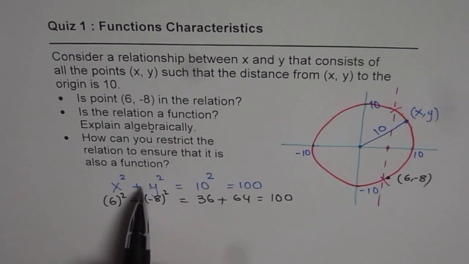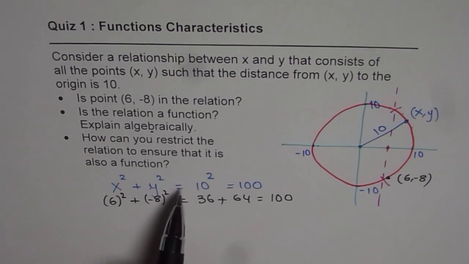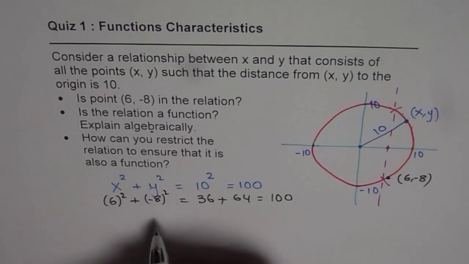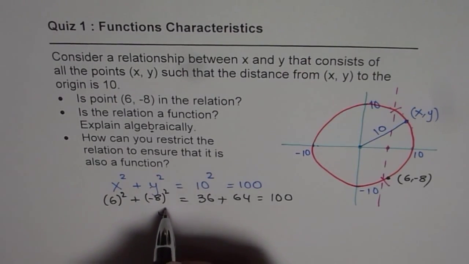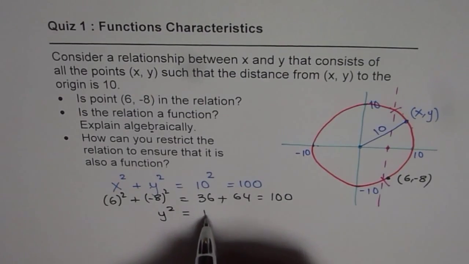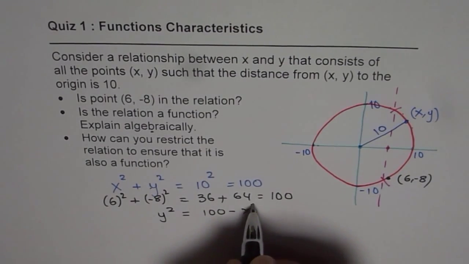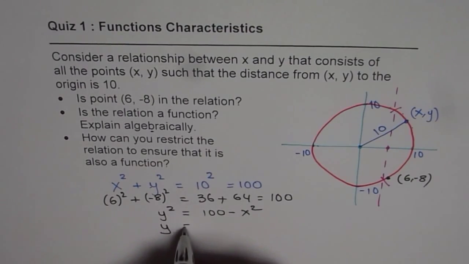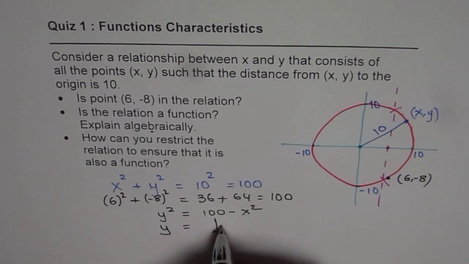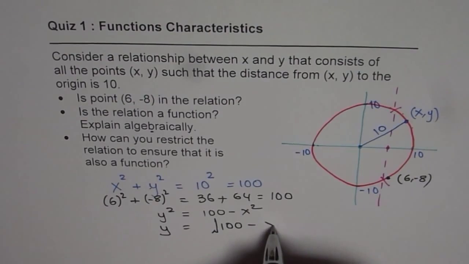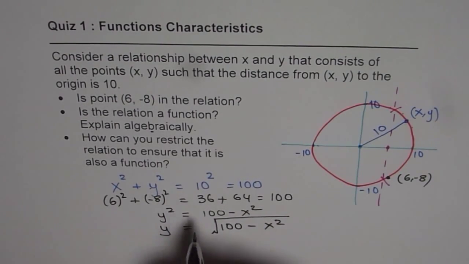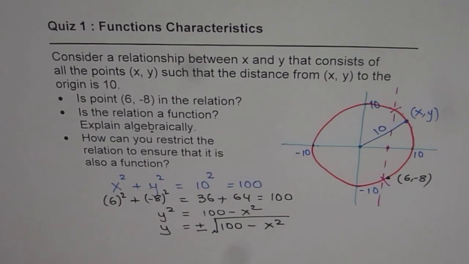So as you know, the relation is x squared plus y squared equals 100, right? So what is y equal to? So we can rearrange. We can write y squared equals 100 minus x squared, correct? And from here, y equals the square root of 100 minus x squared. Remember, whenever you do a square root, you have to write plus and minus.